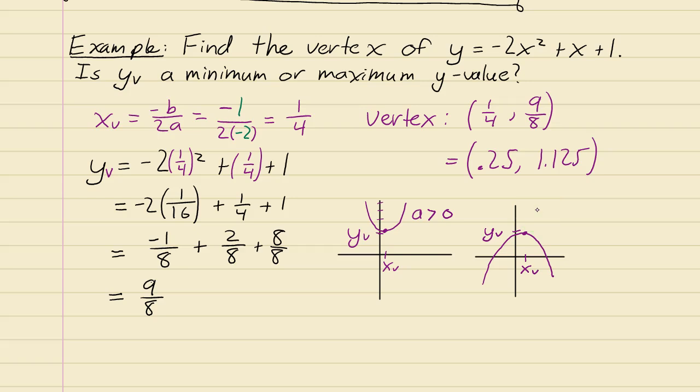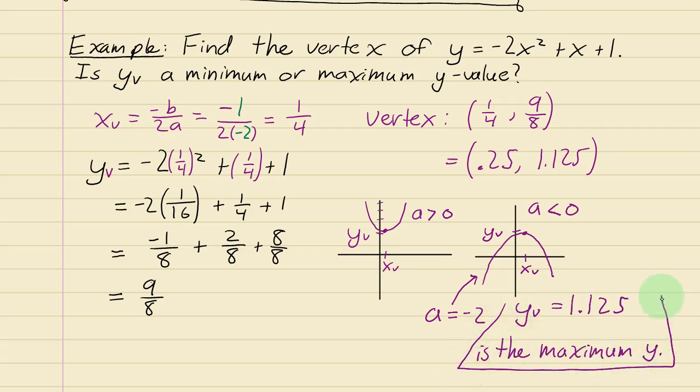So you have a negative number times x squared. In that case, when it's opening downward, the vertex is the highest point. And being the highest point, that means it has the maximum y-coordinate. So in our case, our a value is negative 2. That means that our situation looks kind of like this, and the vertex is going to be the maximum y-coordinate.